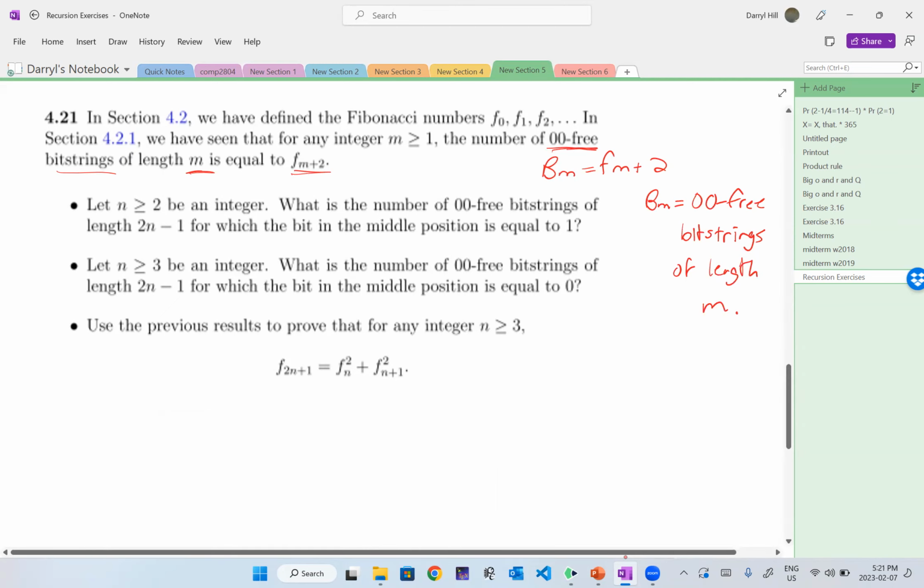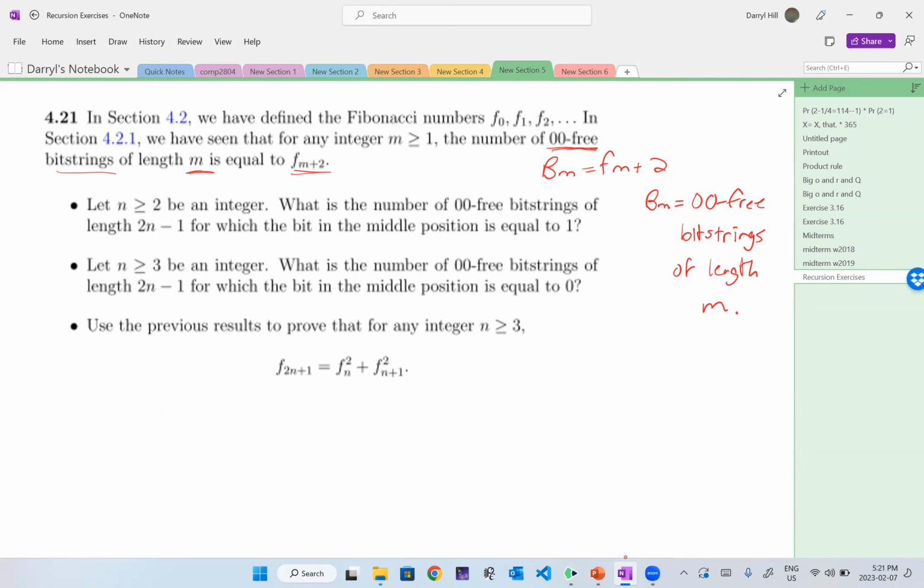Okay. So yeah, we're going to take 00-free bit strings of length 2n minus 1, and we're going to assume that the bit in the middle position is equal to 1, and we're going to count those.